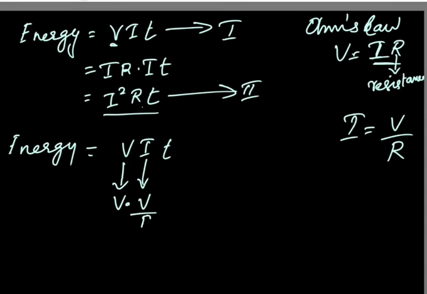V by R multiplied with T. So we got yet another equation, that is V squared by R multiplied with T, which is the third equation. Okay, so we have different equations for electrical energy in terms of voltage, current, charge, resistance, etc.